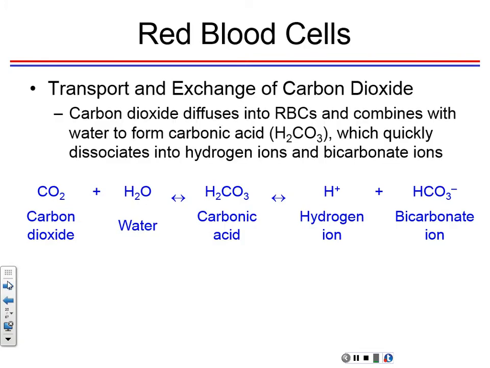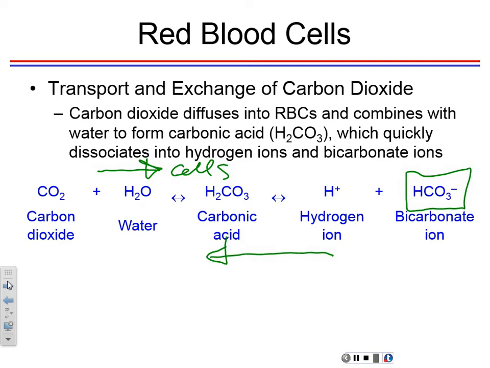This is that reaction I was talking about. The major way by which carbon dioxide is transported in blood is bicarbonate, because, from your chemistry, it's a reversible reaction. CO2 plus H2O forms carbonic acid, and this is the opposite of this. This is happening in the cells, and this is in the lungs. That's why it's reversible.